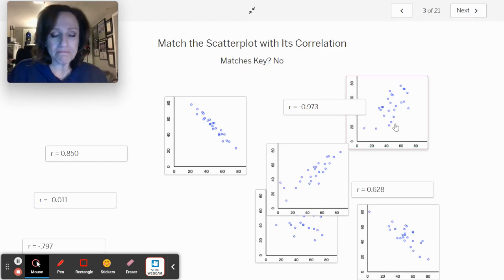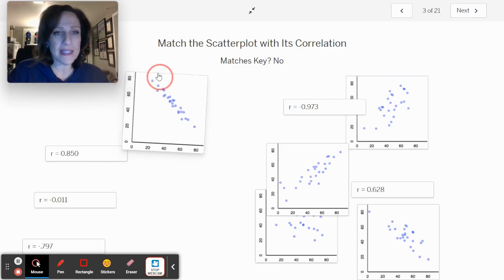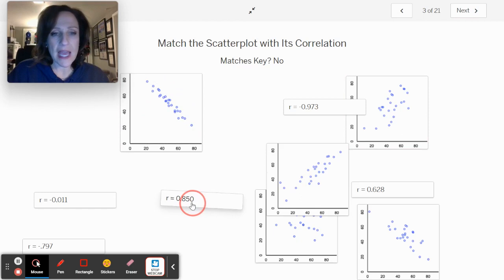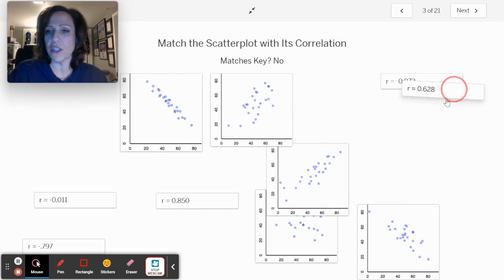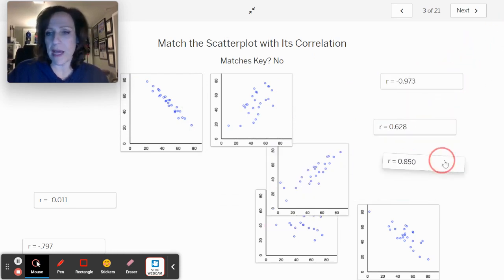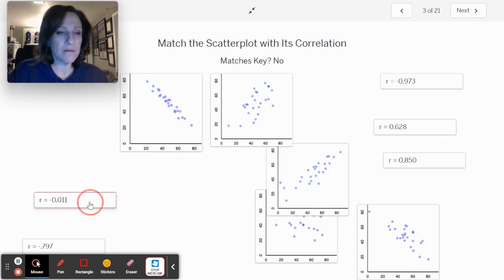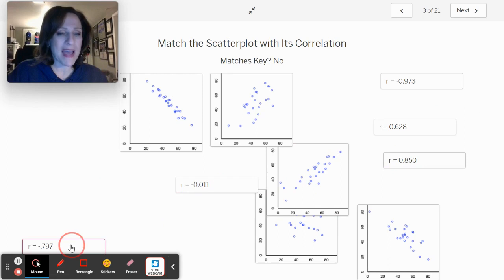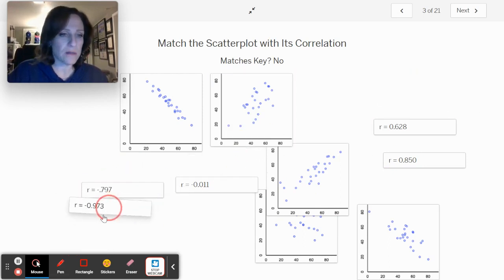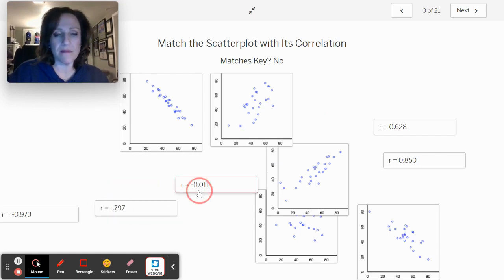Real quickly, I want you to take a look at this matching you're going to do. You've got these different correlations. We'll go ahead and show you those values, so go ahead and pull those correlations up. Let me give you about a minute maybe to work on those and match up those correlations. I usually like to go negative to positive.